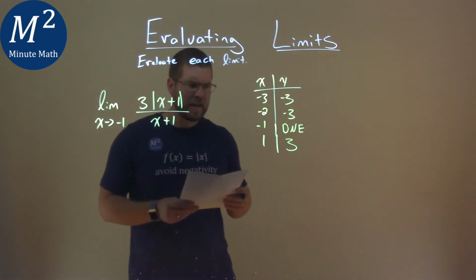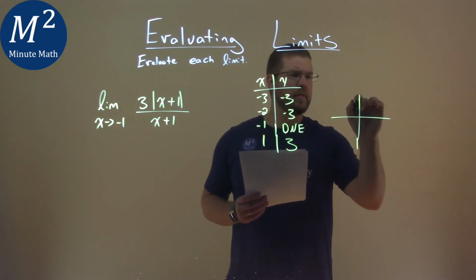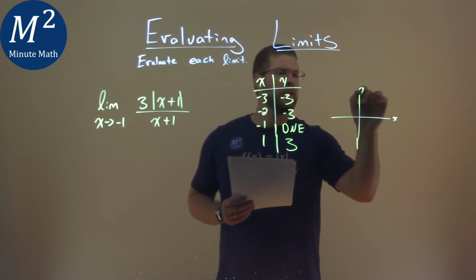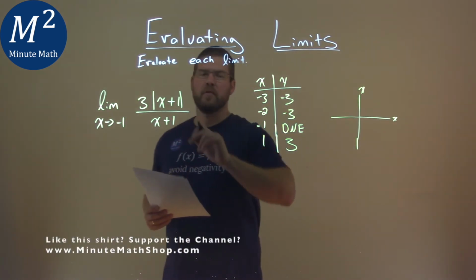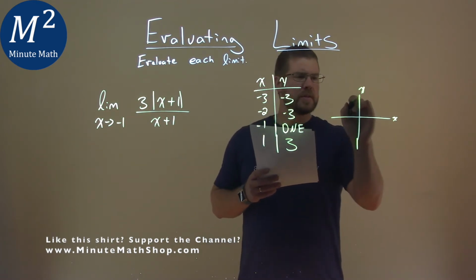If we make a quick sketch of this, this function is basically doing this. This happens sometimes when you have an absolute value of the same thing over itself. Our function here looks something like this.